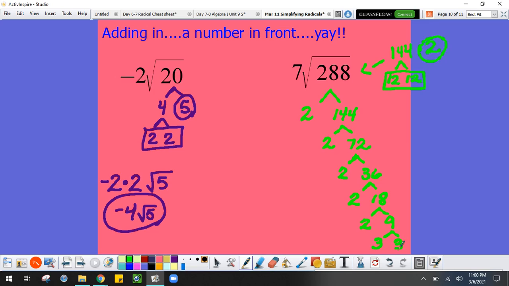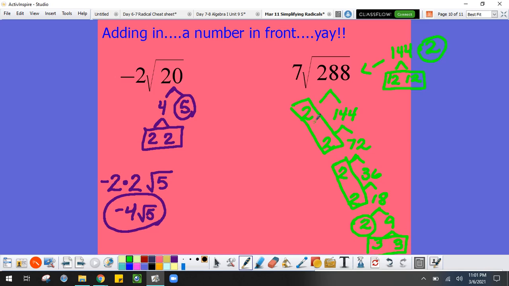So that one took a while, and you can certainly do it because it took a lot of lines to get it done, but it didn't take me that long to think about it. What I want to do now is go back and find all the partners. So that's a pair. Here's a pair. This little 2 is not going to have a partner, but these 3s do have a partner.